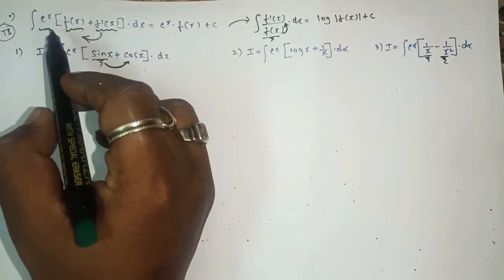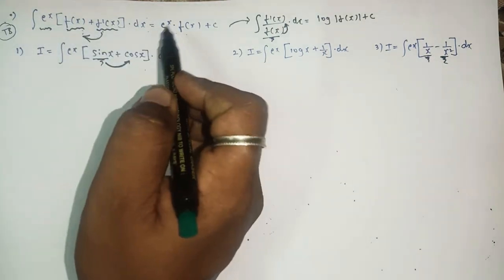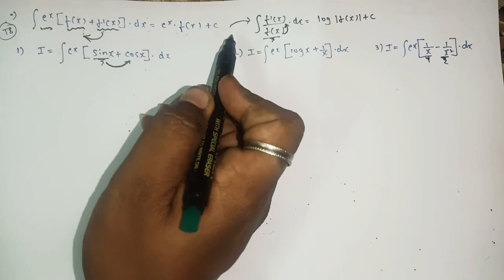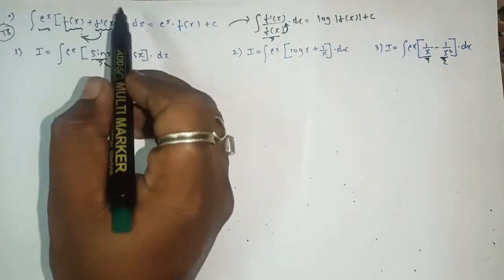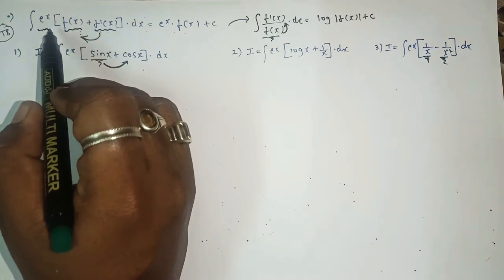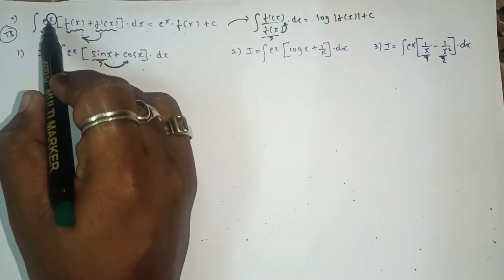The formula says that integration of e raised to x into f of x plus f dash x is equal to e raised to x into f of x plus c, and see to it that e raised to x is outside the bracket, and here the power should be x only.